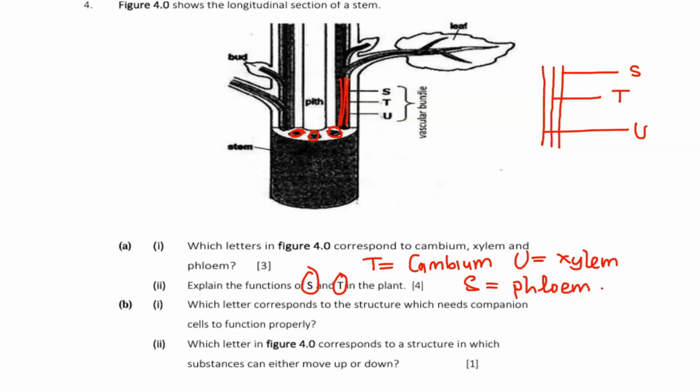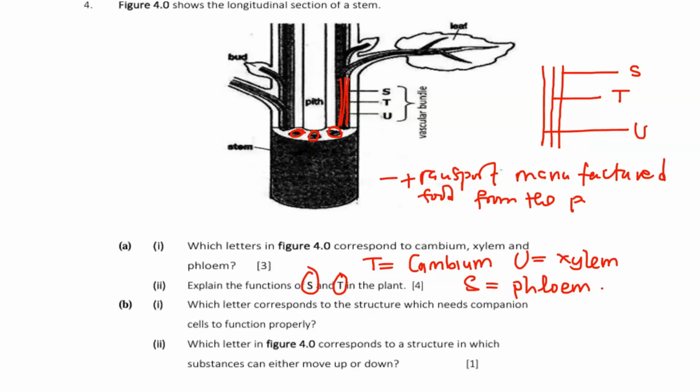Then what about T, which is the cambium? What is the function of the cambium? For the phloem, we said it transports manufactured food from the source to the sink.